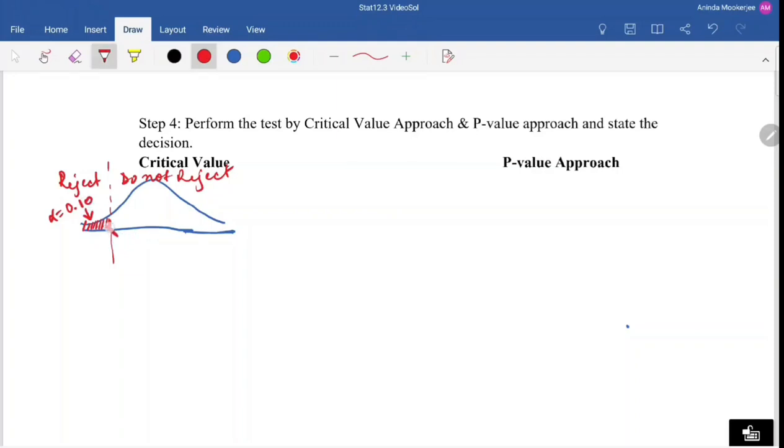Now, the critical value, which is also the cutoff between the reject region and the do not reject region, is going to be minus z of alpha, which is 0.10. All right. Now, when we refer to our table, it's going to be a value which is negative 1.281. So let's write the exact value of the critical value, the cutoff value, negative 1.281. All right.